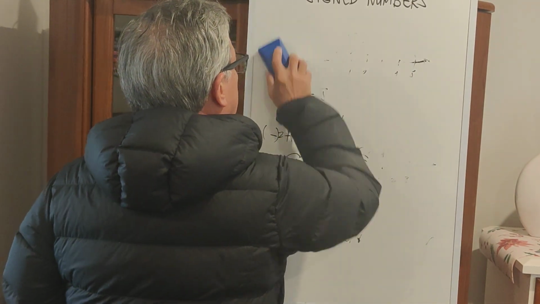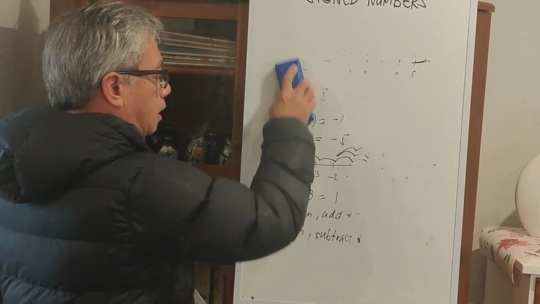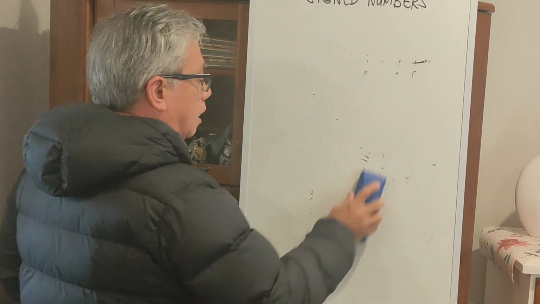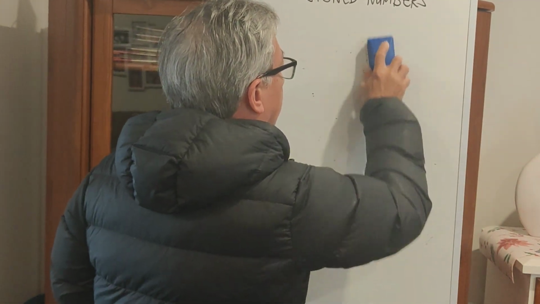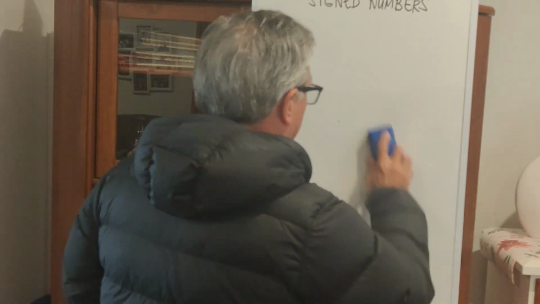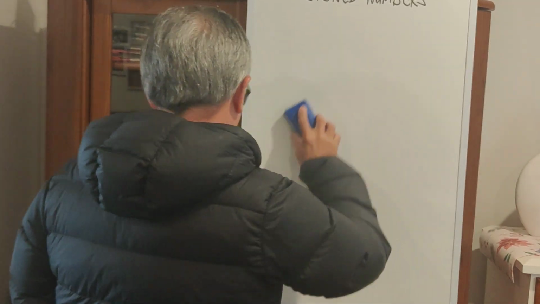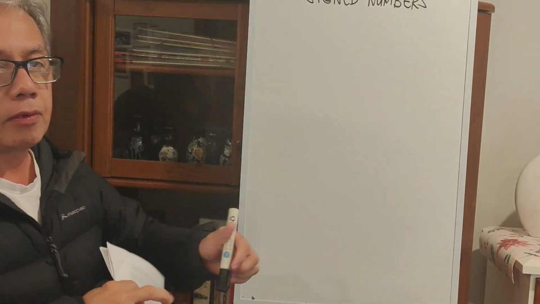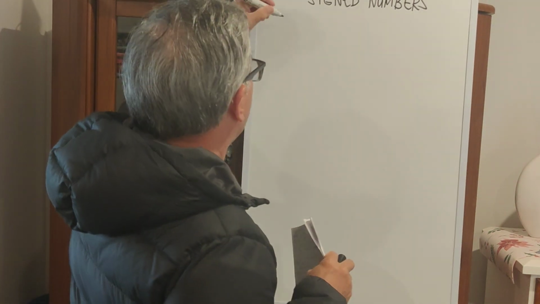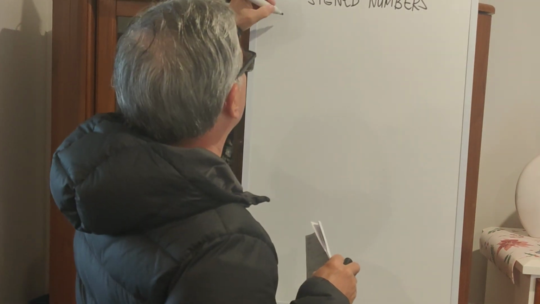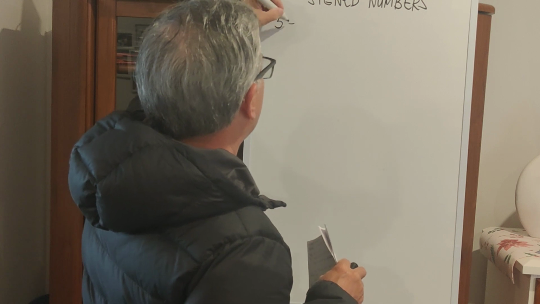We now go to subtraction of signed numbers. In subtraction, you will change the direction. Let's say for an example, you subtract 5 minus 3.